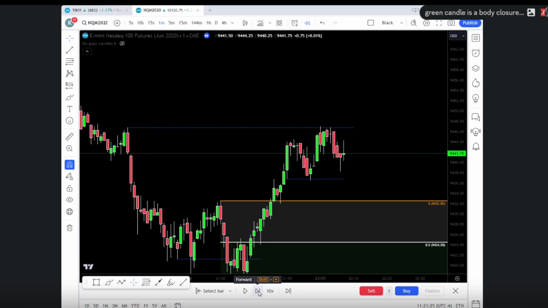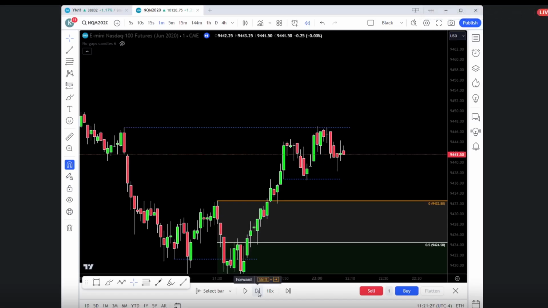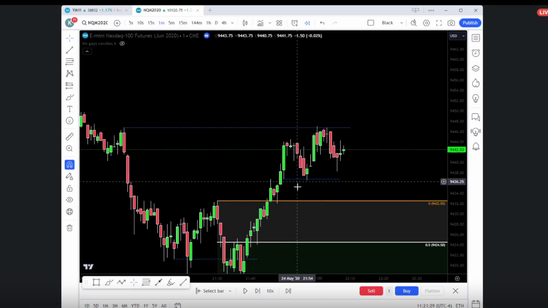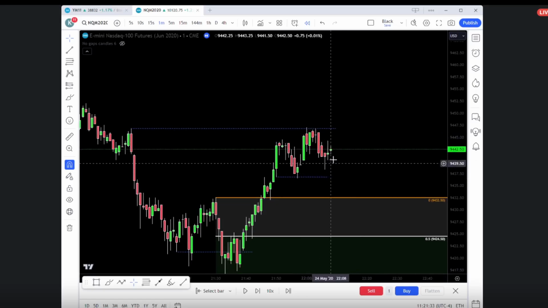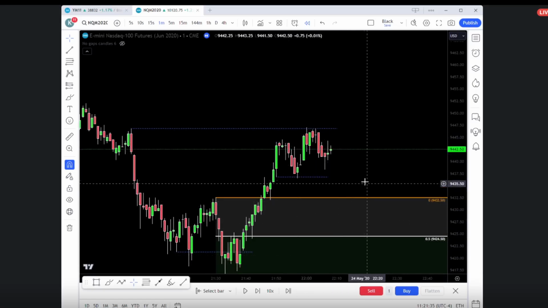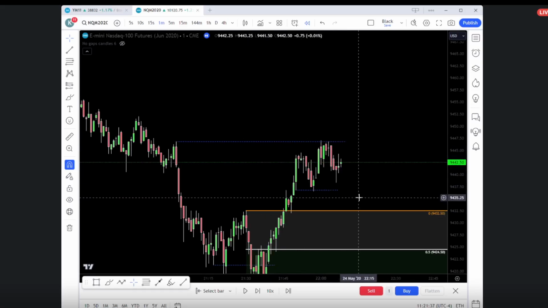So here we go. We're looking at least targeting, seeing what happens with this protected low here for a smaller time frame push back down. We're looking at this zone. We're clearly seeing some strength in here.